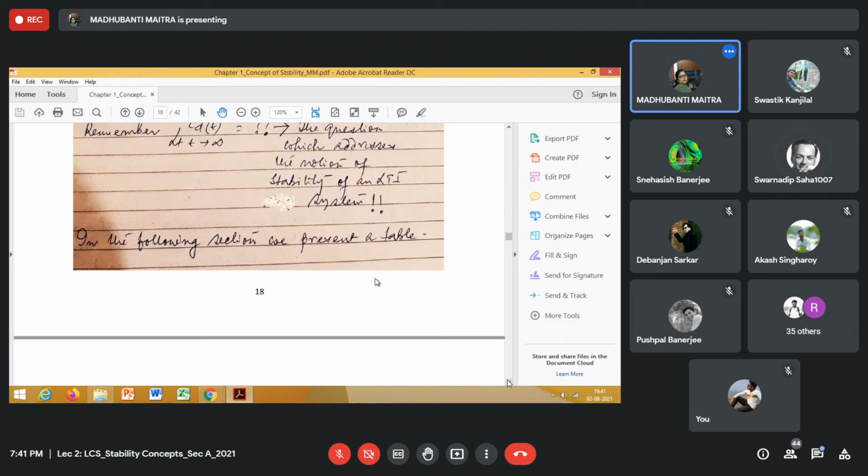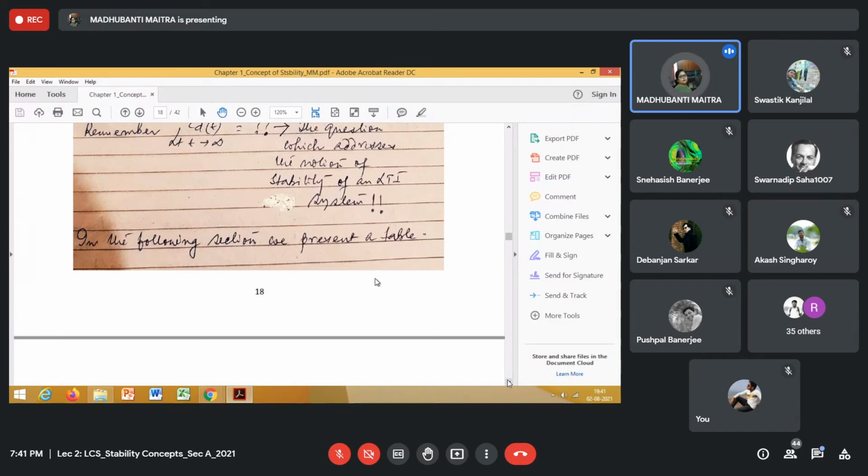So closed loop pole number 1, closed loop pole number 2, closed loop pole number 3, right? These three closed loop poles will contribute their own response, right?